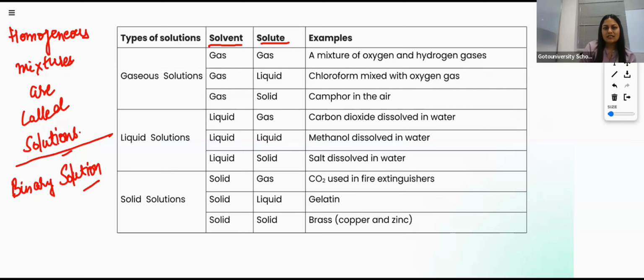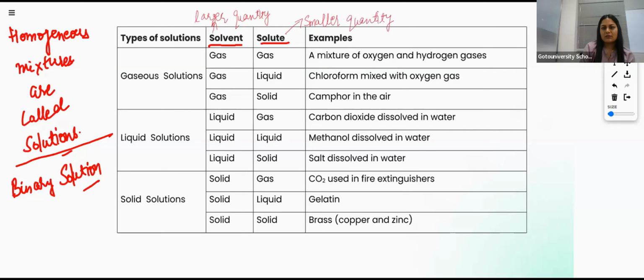A substance that is present in larger quantity is called the solvent, and the other substance that is present in smaller quantity is called the solute.